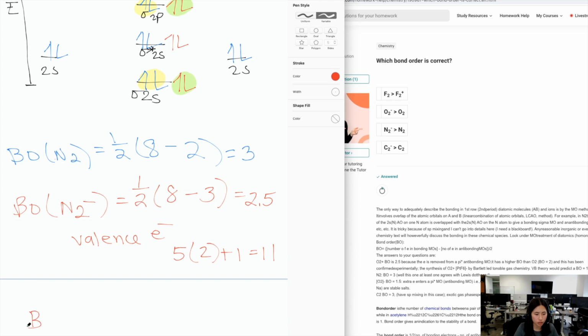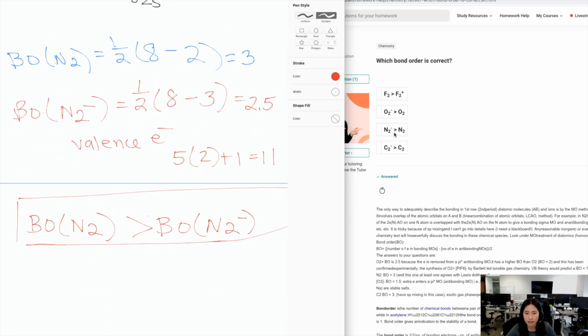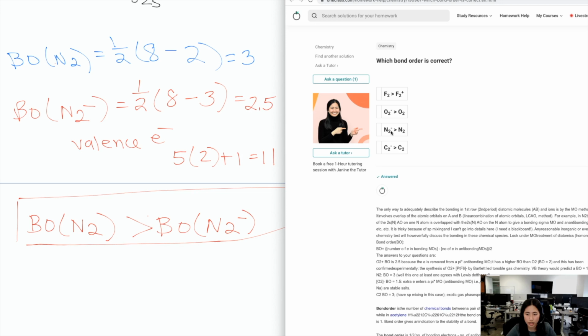So bond order of N2 is actually greater compared to N2 minus. They're saying that bond order of N2 minus is greater compared to bond order of N2. Well, this is false, right?